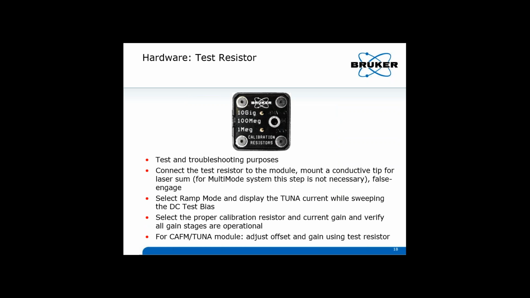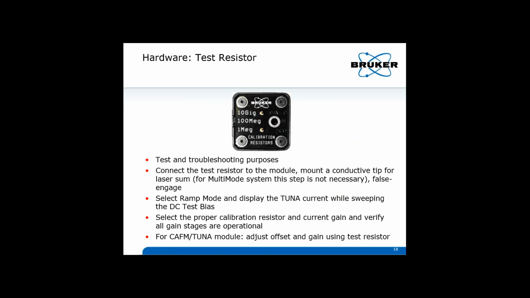Test resistor. Every application module for current measurement is shipped with a test resistor, and this is for testing and troubleshooting purposes. How to use this test resistor? First, you need to connect the test resistor to the module, mount a conductive tip, laser alignment, and force engage.